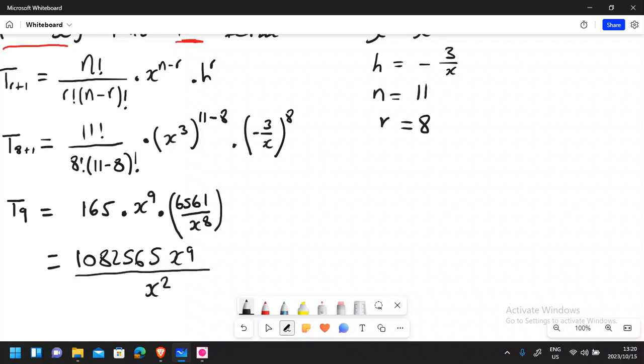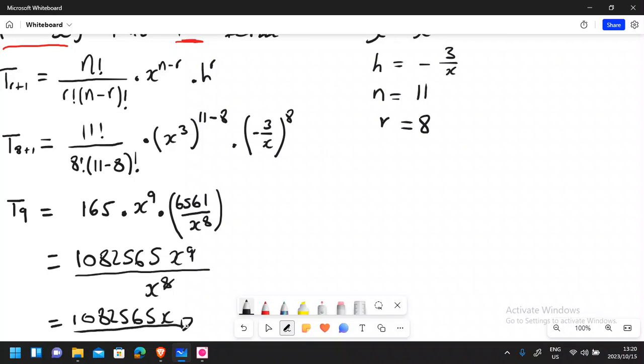As you can see, x to the power of 9 divided by x to the power of 8, you're going to be left with only x. So it's going to be 1082565x. So that is your answer.